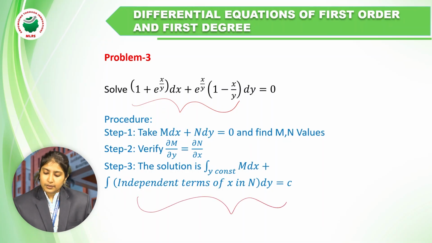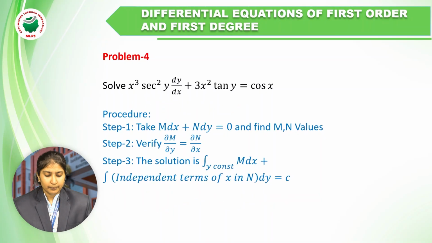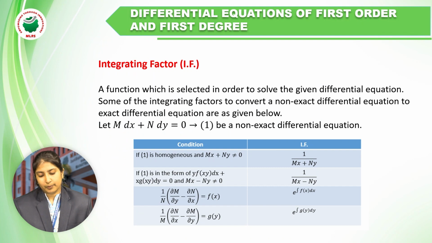Okay. Later, I think you will be able to do this problem. Then there is one more problem, and then we have the topic of integrating factor. These two problems we will do in the next module.